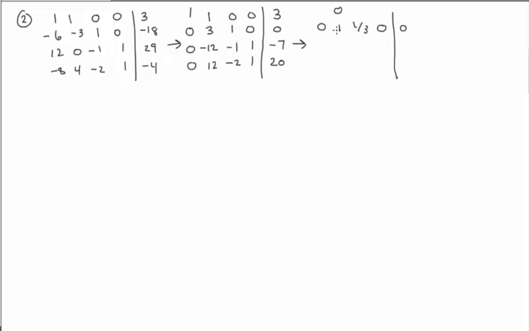I need to multiply by negative, add, so I get 1, 0, -1/3, 0, 3, 0, 0, 3, 1, -7, 0, 0, -6, 1, 20.